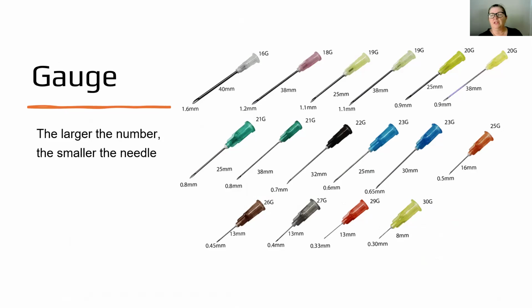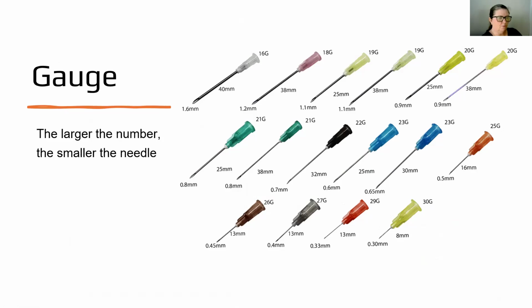Now, sometimes we'll use 18 gauge needles to draw medication up, which I'll talk about in a little bit, but I can only remember using 18 gauge needles once in a while, and it's when there's super thick medication. What we generally use the most of, quite honestly, is the 23 gauge needles and the 25 gauge needles for injections.